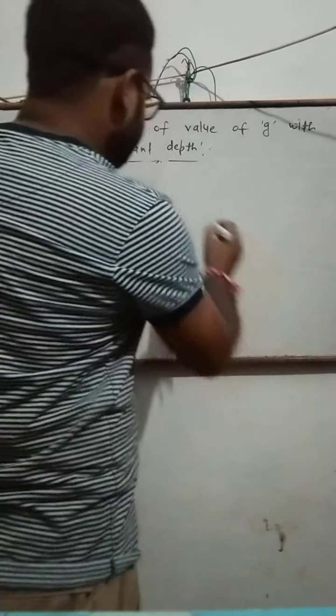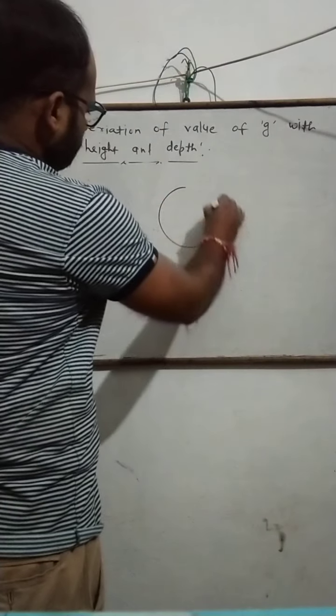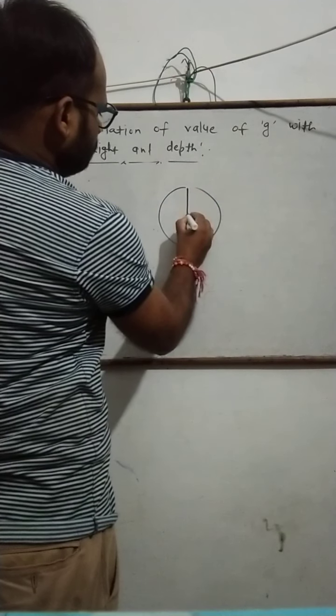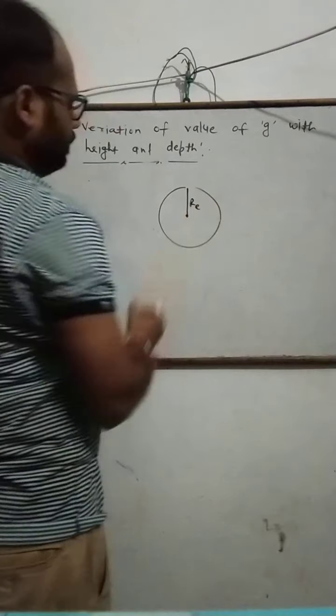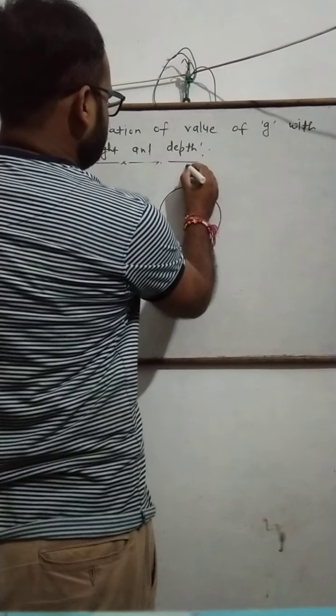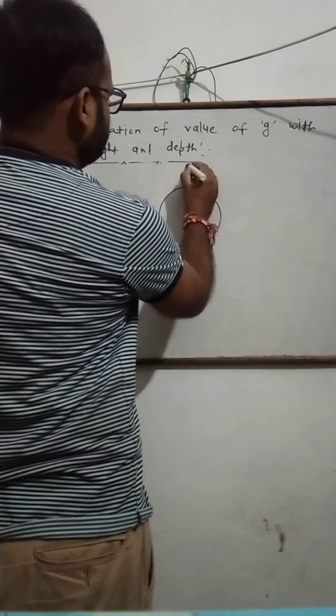Now let there be Earth whose radius is RE and you are here at some height h.